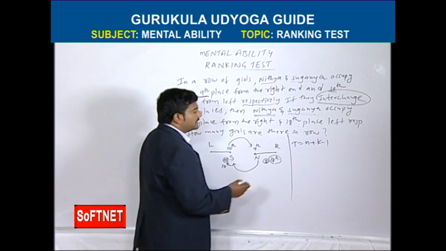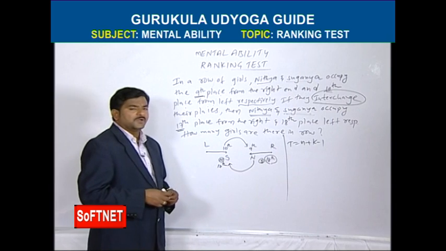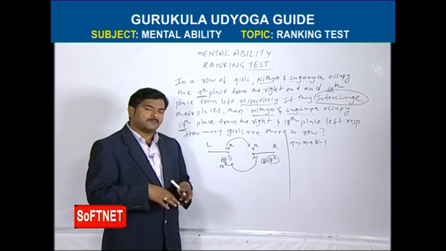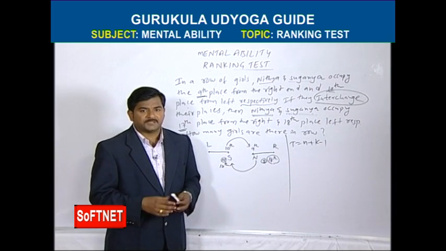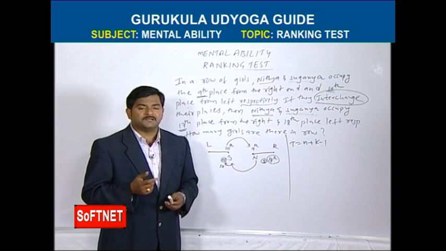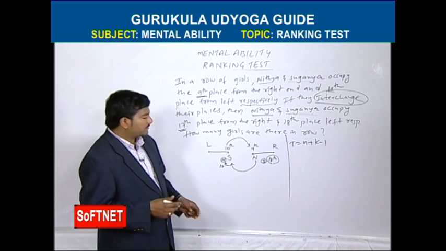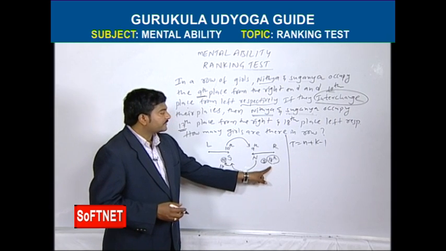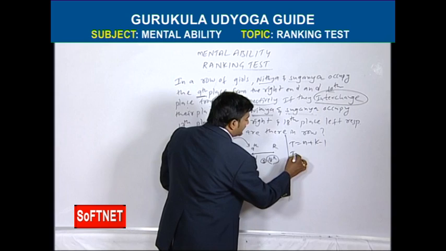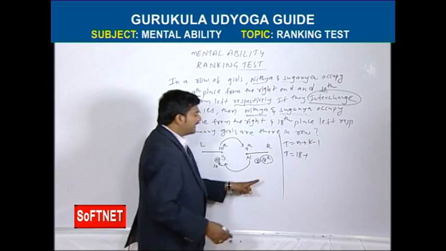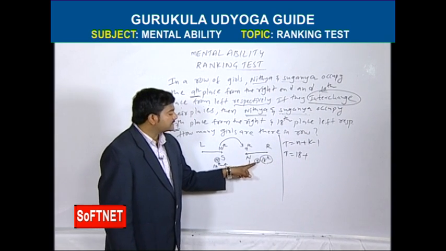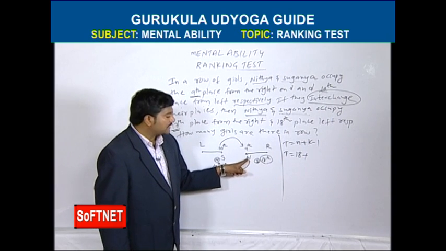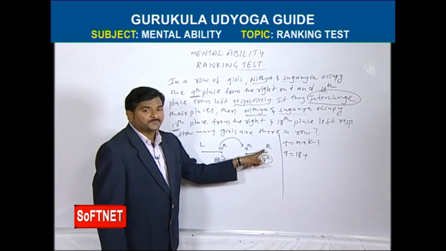So now the formula is T equals n plus k minus 1. Use any one girl's position from both sides. There is no change in the answer. Preferably Suganya's position: 18th position from left. Suganya occupies Nitya's position, and Nitya is in 9th place from right.